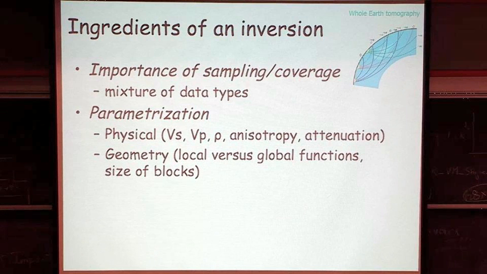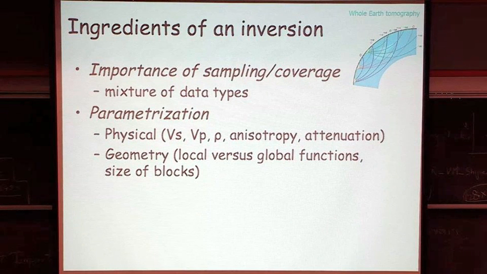In general, for example, we assume that the VP structure is proportional to VS with some proportionality coefficient. The lateral variations in VP, in the upper mantle, this is a reasonably valid assumption. And same for rho, the lateral variations in density will be proportional to the lateral variations in shear velocity, and you only invert for shear velocity. But you have this hidden assumption there that this proportionality is valid.